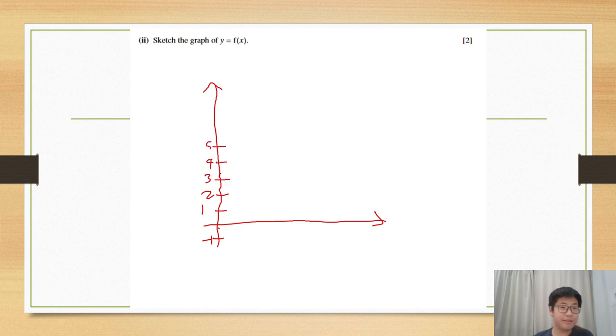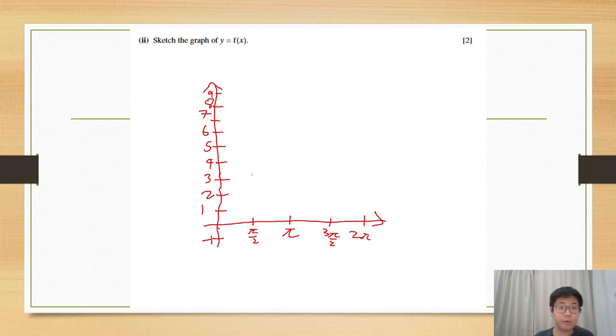Sketch the graph. So let me do some poor sketching here. Sorry, I don't have a ruler because I am drawing on the computer. So we have -1, 1, 2, 3, 4, 5. Actually, we don't need more, but let's just add this in for completeness. And then you would have pi, 2 pi, 3 pi over 2, and pi over 2.